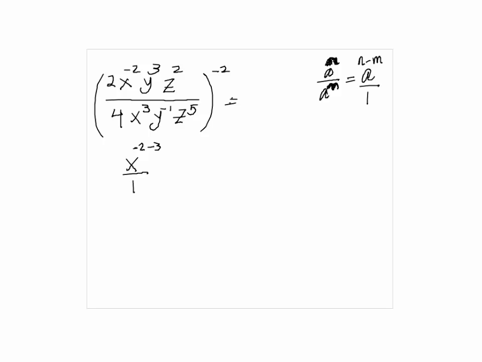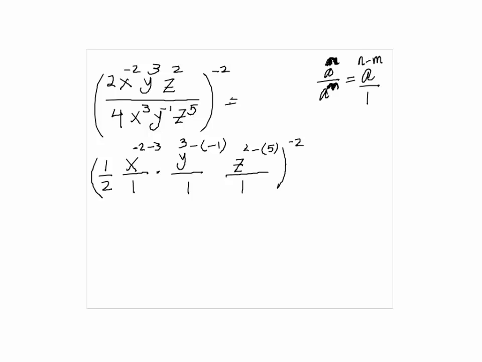And then for the y, I would get y to the power of 3 minus 1 over 1. And for the z, we get z to the power of 2 minus 5 over 1. And the 2 and 4, we can always reduce to 1/2, of course. And this whole thing should be to the power of negative 2.